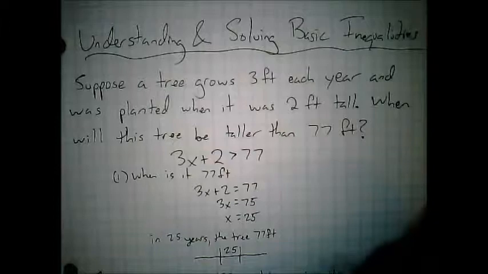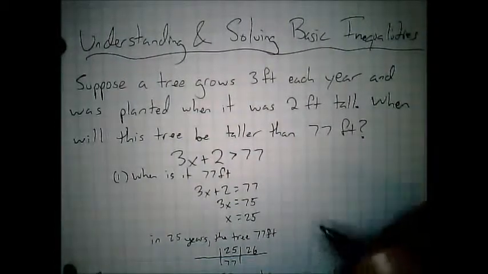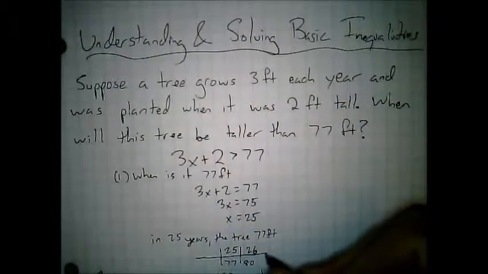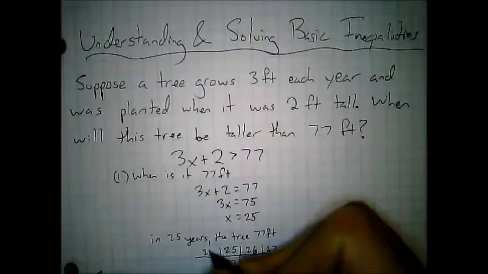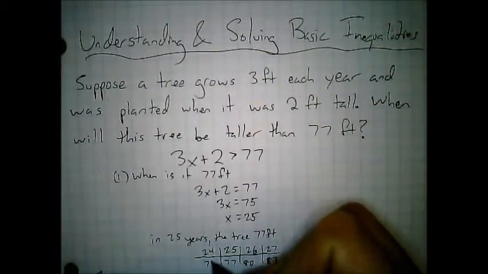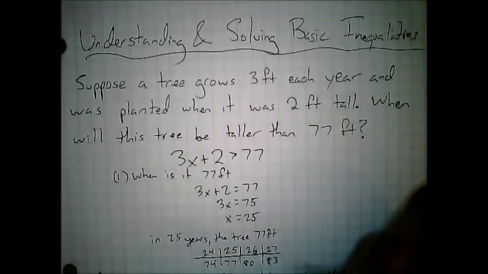In 25 years, the tree is 77 feet. So in 26 years, if it's growing 3 feet, it's going to be 80 feet. In 27 years, it's going to be 83 feet. That means back in year 24, it was 74 feet. So this is just what we think. We could write it down if we want to help us think about what's going on.